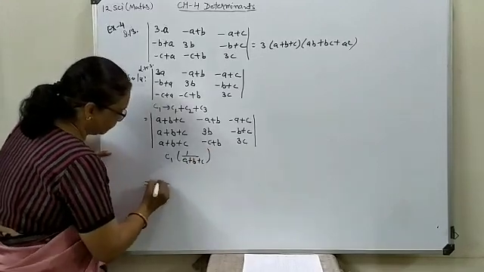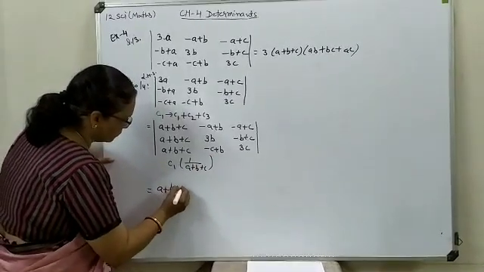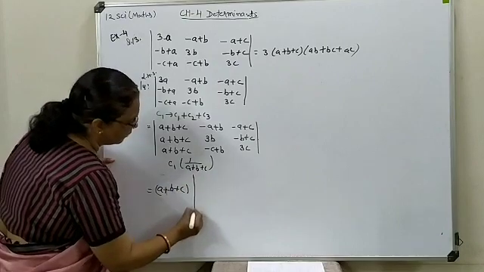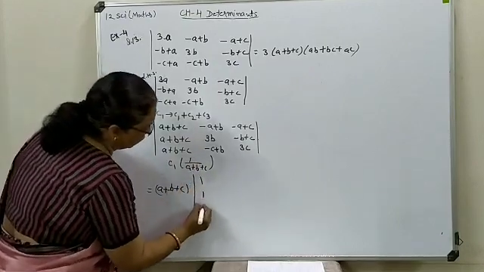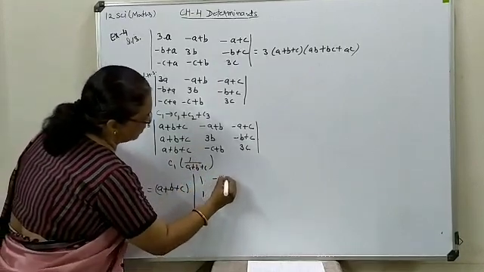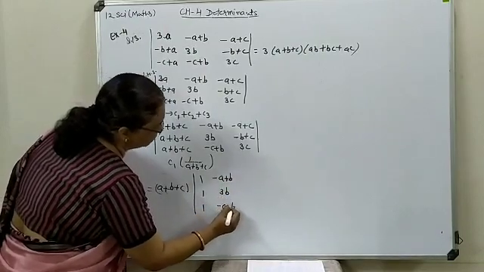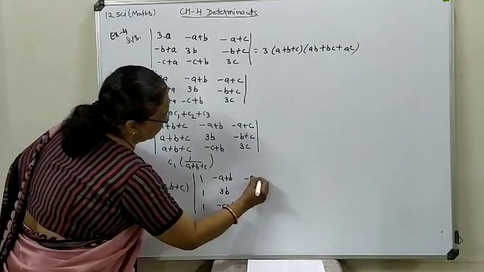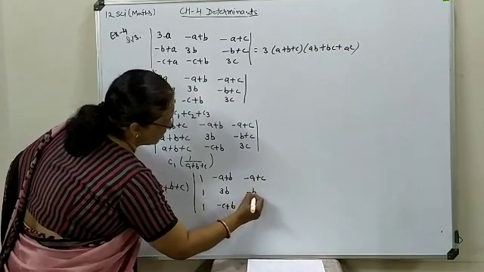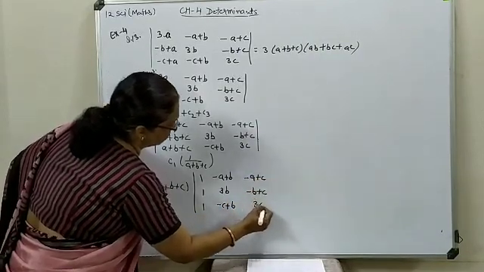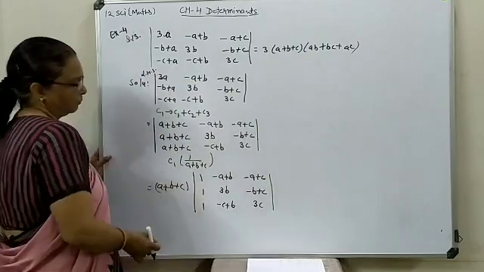Take it common. This will be 1, 1 and 1. Minus a plus b, that is 3b, minus c plus b, minus a plus c, minus b plus c and your 3c.